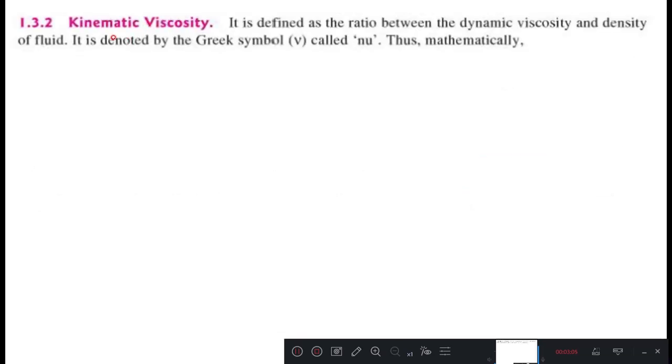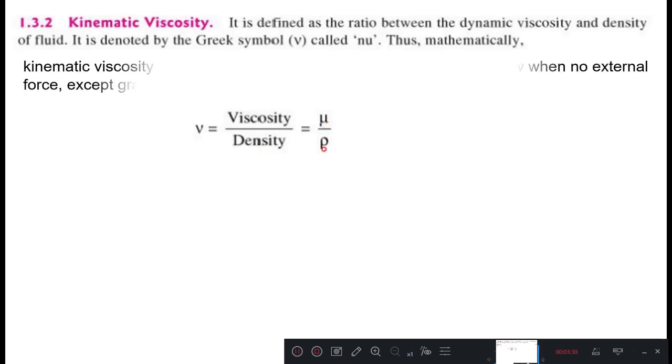Kinematic viscosity is defined as the ratio between the dynamic viscosity and density of the fluid. It is denoted by the Greek symbol nu. Mathematically, the kinematic viscosity is written as the ratio between viscosity and density, that is nu equal to mu by rho.